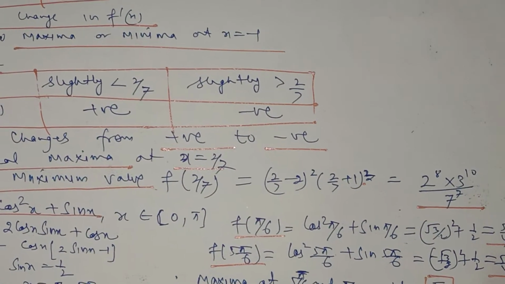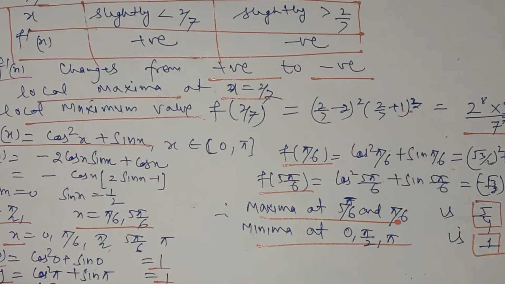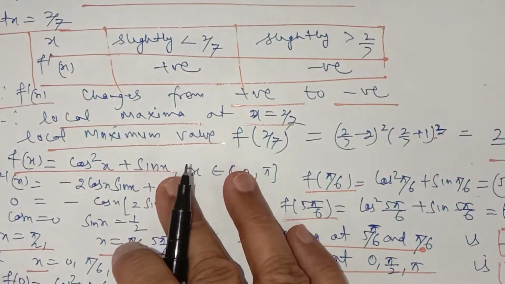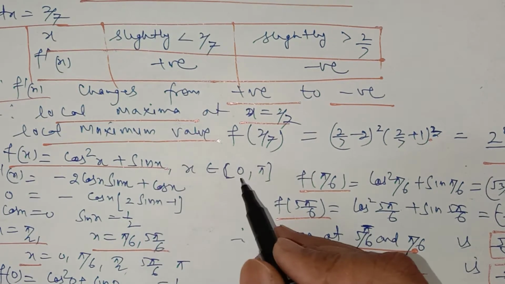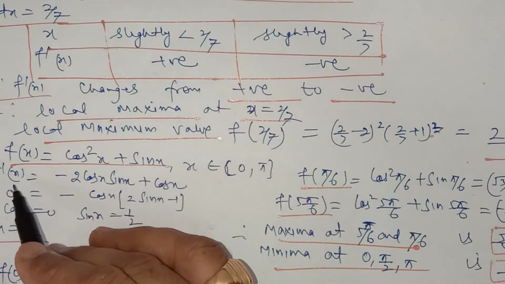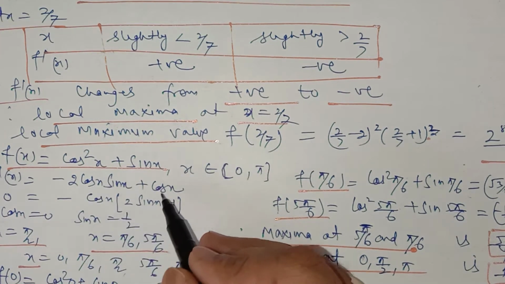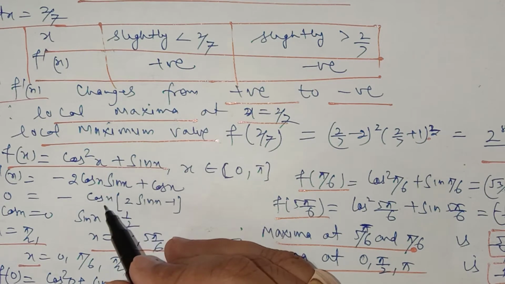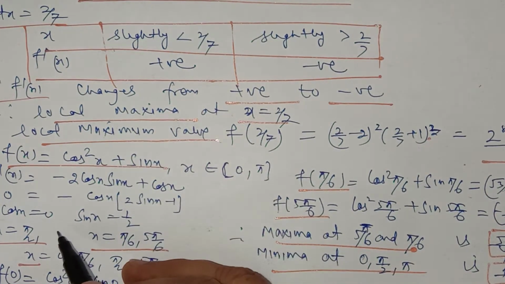Now in question number 14, again you have to find the maximum and minimum value of the given function, which is f(x) = cos²x + sin x, where x belongs to 0 to pi. As usual, find its first derivative, which is −2 cos x sin x + cos x, and put it equal to 0.